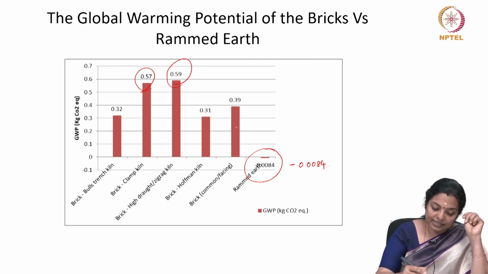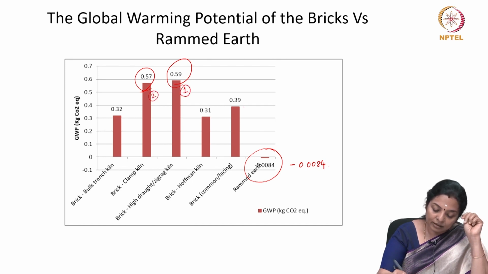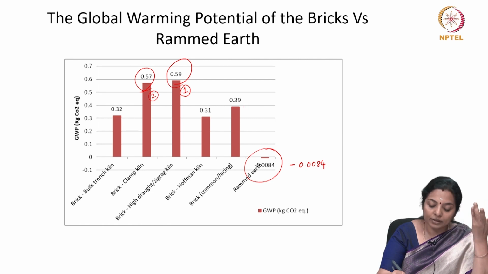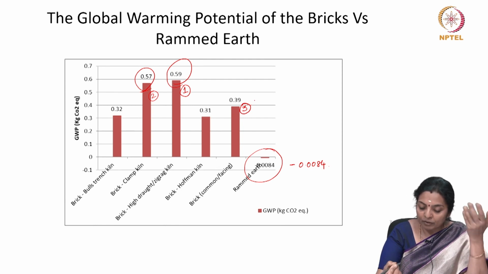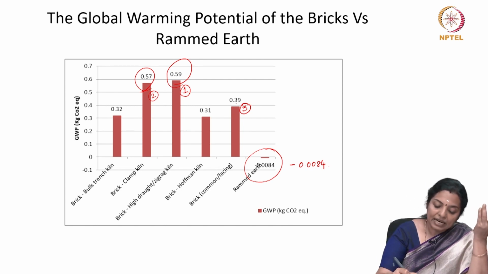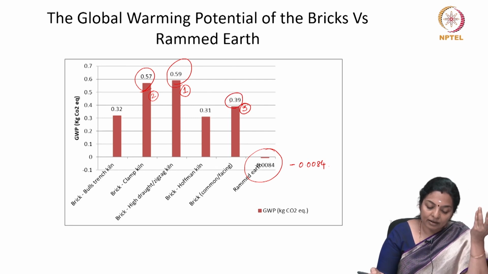So this is the first, second, and the third: brick made with the common brick which is used for facing ranks third when it comes to global warming potential and carbon dioxide release.